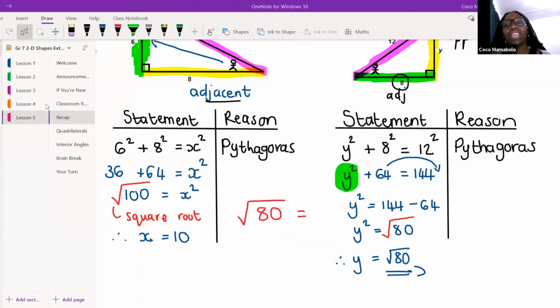If you're still lost, can I ask you guys to please go and rewatch Wednesday's lesson? It will help you understand this a lot better. You can even watch last week Monday's lesson because that's when we explain the little man and the hypotenuse and the opposites and the adjacents.